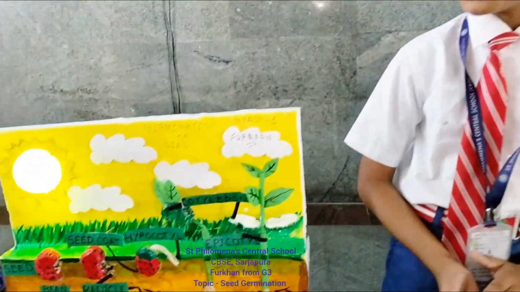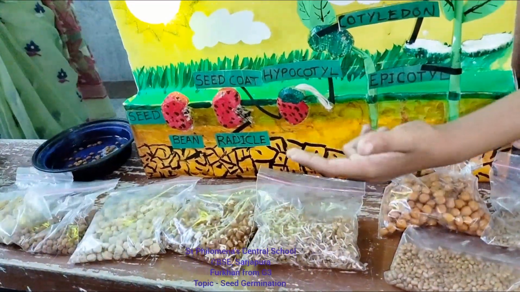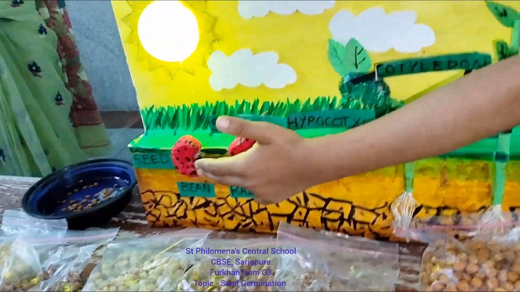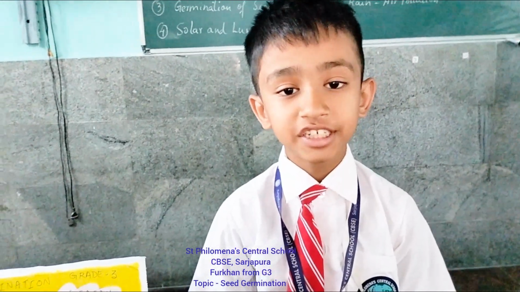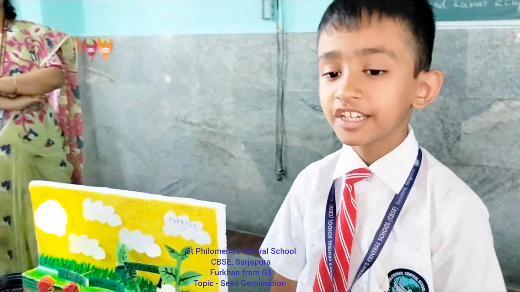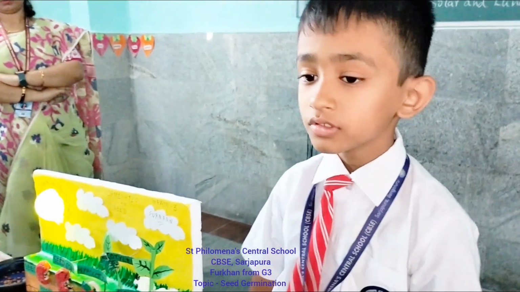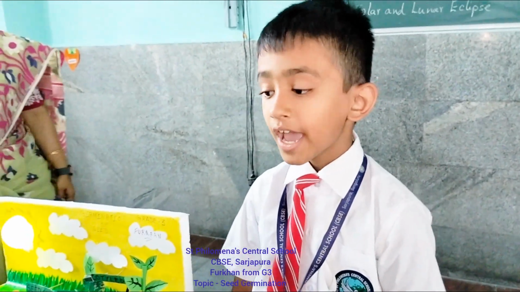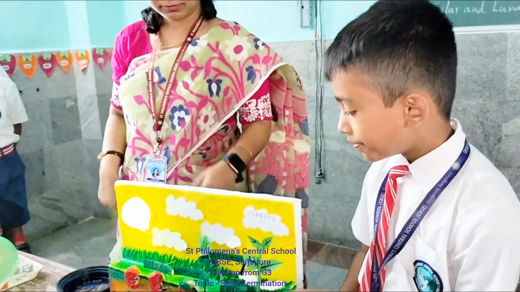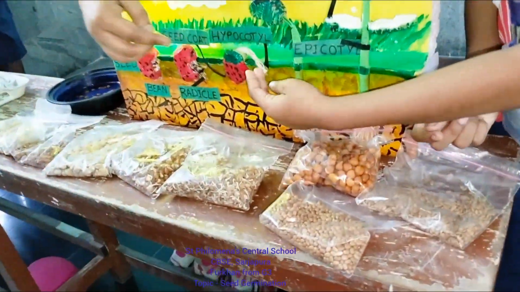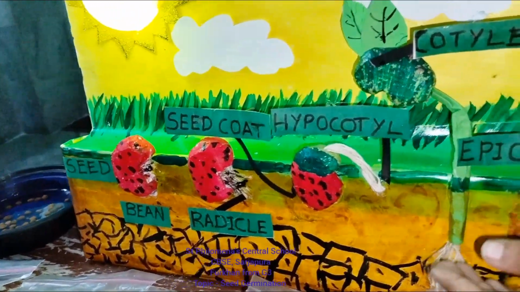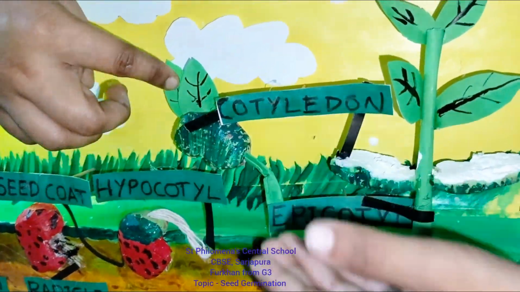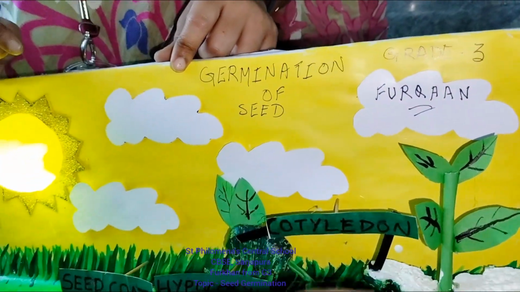In my model, I have shown a colorful red seed; we can take it as a cherry seed. When a seed is exposed to proper conditions, the air and the oxygen are taken in through the seed coat. The embryo inside the seed enlarges, the seed coat breaks open, and the root radicle emerges first, followed by the shoot or plumule, which contains the leaves and the stem.